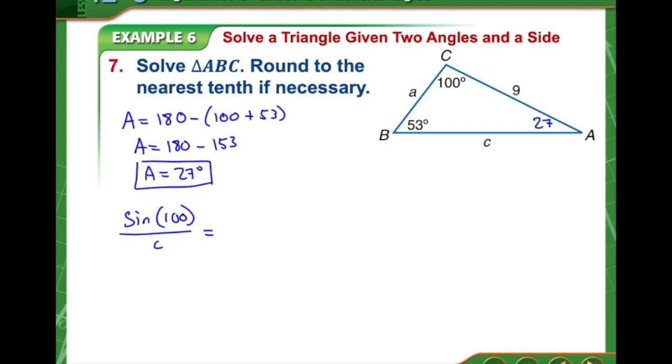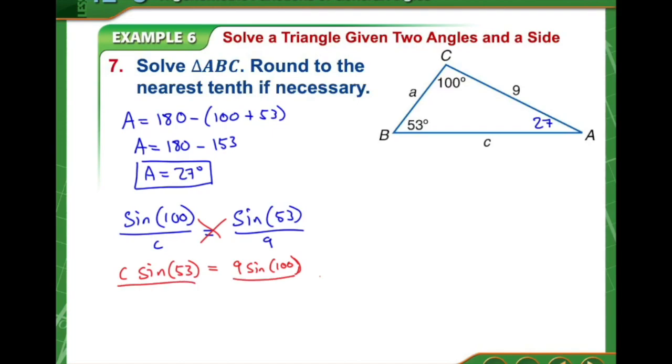So sine of angle B, which is 53, over side B, which is 9. So now to solve this, we're going to cross multiply. So we have C times sine of 53 equal to 9 times sine of 100. So now to get C completely by itself, we need to divide both sides by sine of 53.